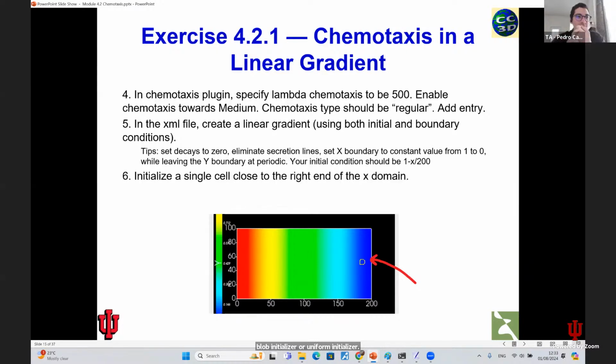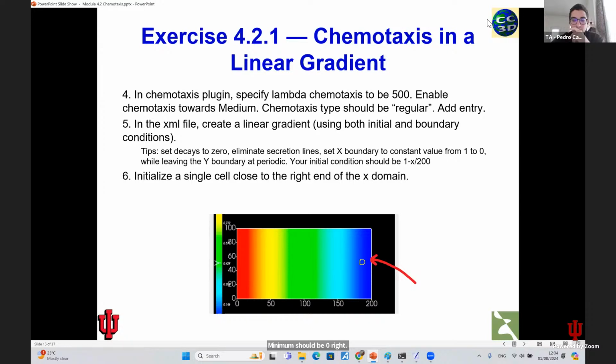Avishek? Yeah, I had a question. So you mentioned set X boundary to constant value from 1 to 0. So does it mean that in the boundary conditions that constant value of x, the minimum should be 1? Minimum should be 0, right? Minimum should be 0, yes, 1 to 0.